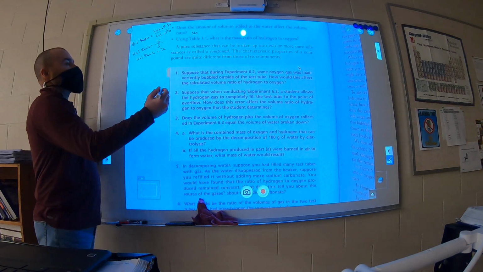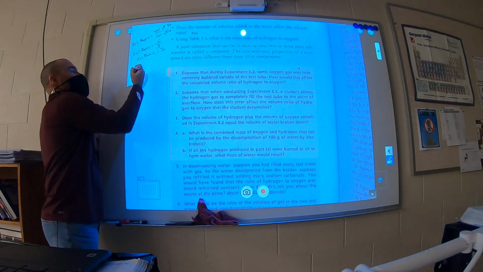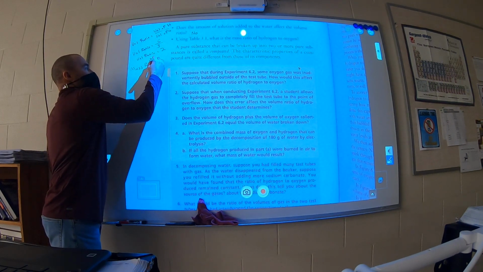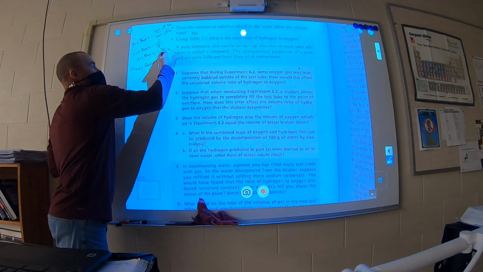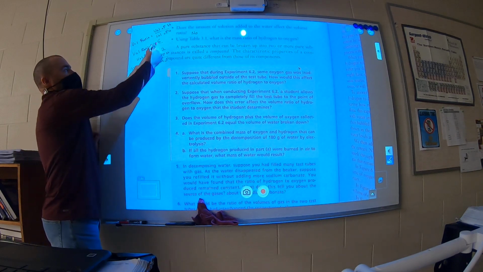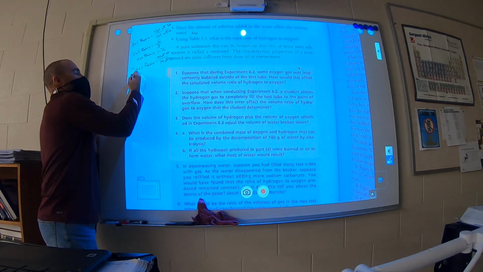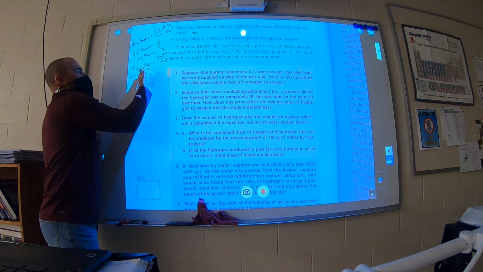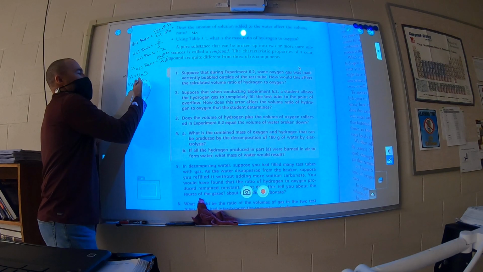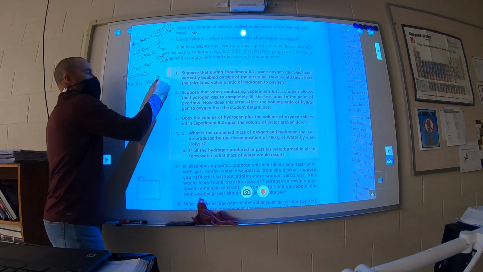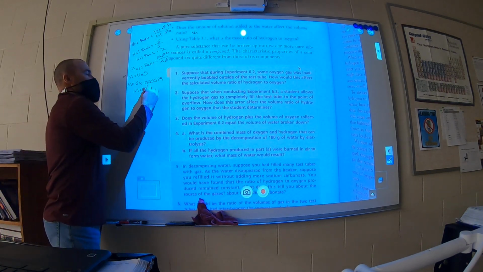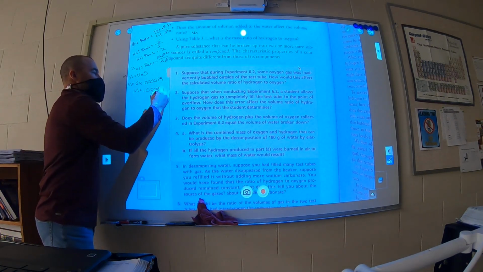To find the mass ratio, we've got to find the mass of each of these, and I'm just going to use these numbers right here. So mass ratio is equal to mass of H divided by mass of O. So the mass of H, if we've got 6 cubic centimeters, we can say M is equal to V times D, and this is for H. Or M is equal to 6 times 0.000084, which is, I think, 0.0005 grams.